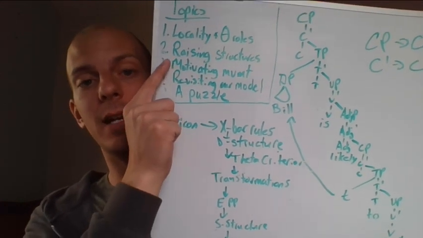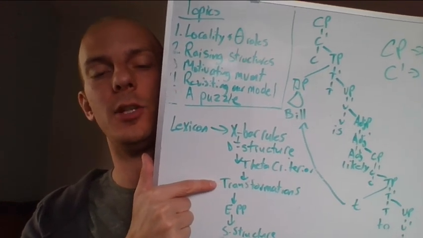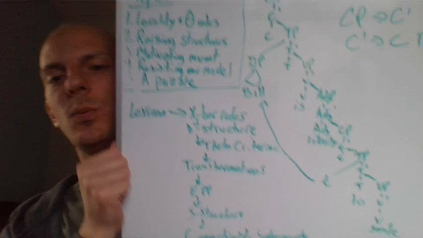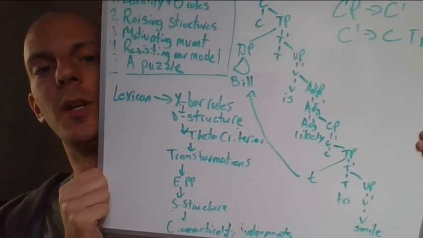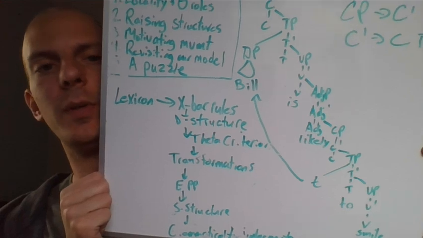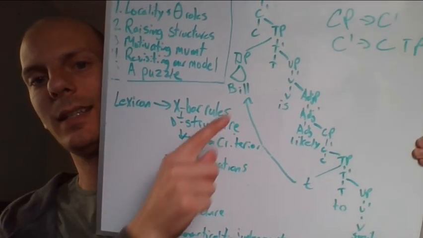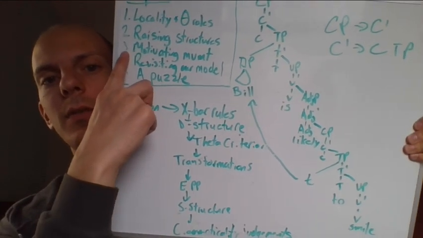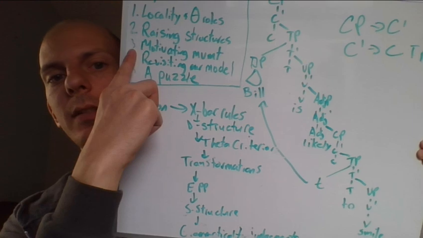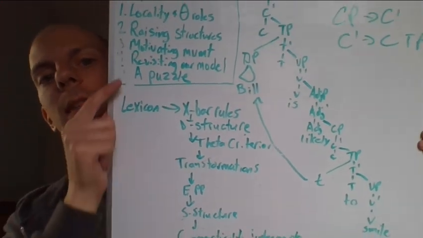That it's not in fact a violation of the theta roles because you check theta criterion and then you move. And we've seen this weird structure, Bill is likely to smile, with a type of movement we haven't really seen. And why do we have this type of movement? The EPP. We motivated our movement with the extended projection principle, the EPP.